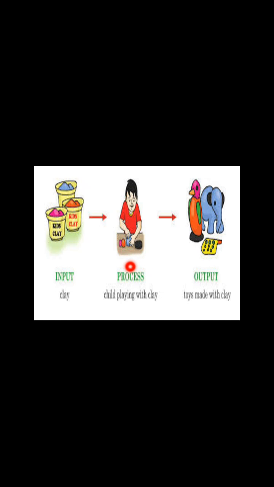Okay, so it is a process. Now what would be the output? Making a toy or giving it any shape. Fine, this is the output. So here we have tried to show three parts: input, process and output.